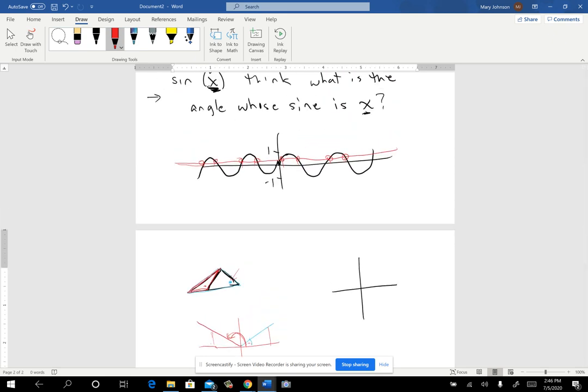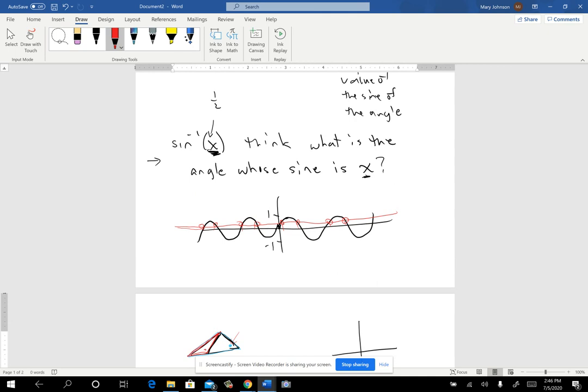So here's what we have to do. We have to go back to our graph of sine, the graph we made earlier, and we have to restrict the domain of the sine function so that when we do the inverse of it, we will have a function.